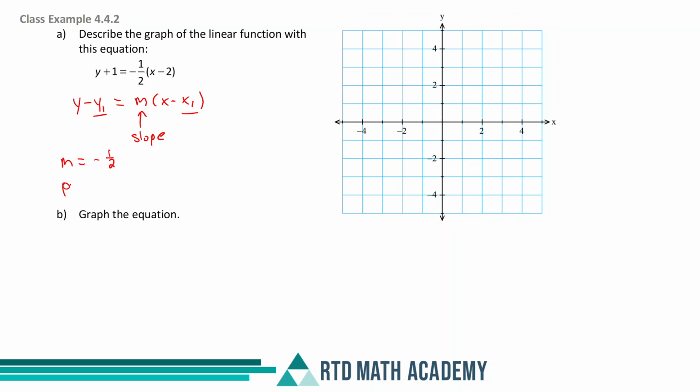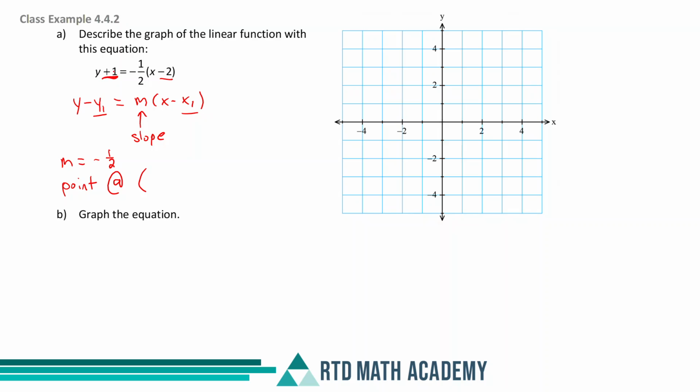We also know that there's going to be a point at, and with this part, it's actually backwards from what the signs are. The reason is that the equation itself is y minus y1. So if you put in -1 in place of y1, then that'd be y minus -1, which would make it look like +1.